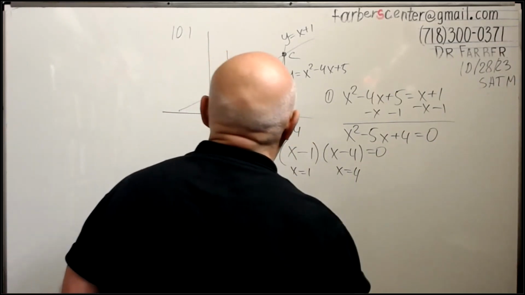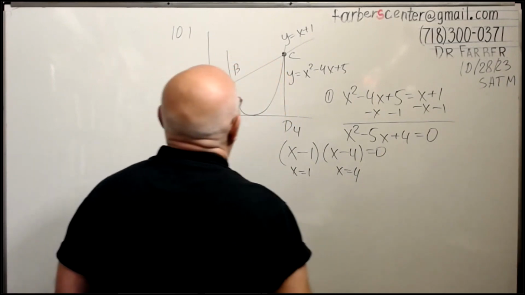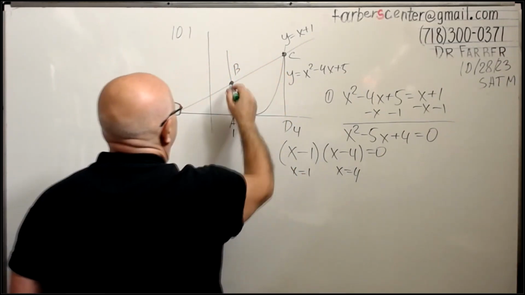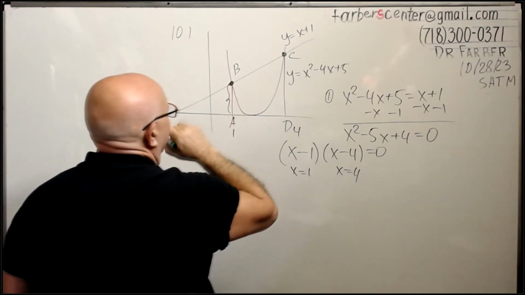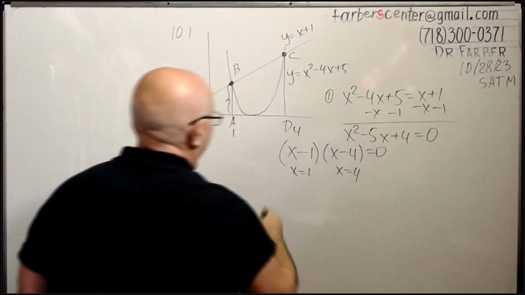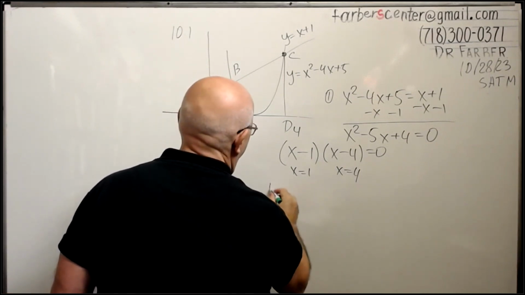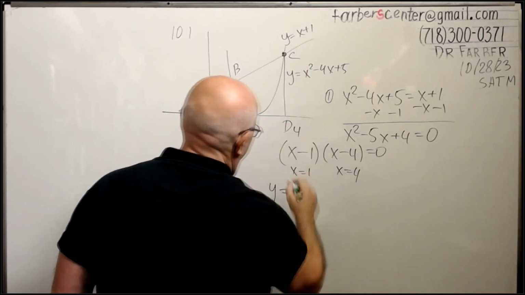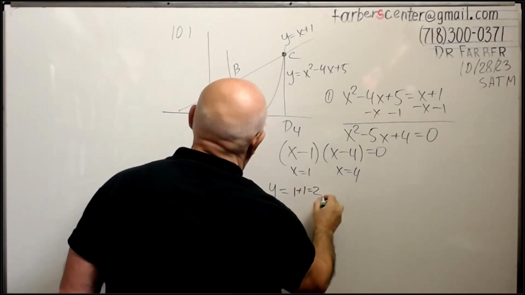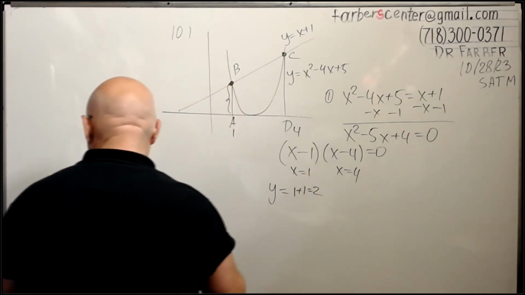Well, now how to find the value of y for these? Easy, plug in. When x equals 1, y equals x plus 1, so 1 plus 1, which is 2.